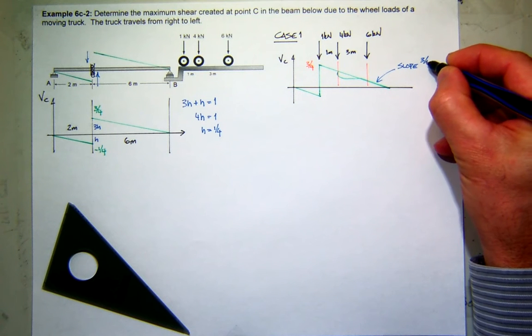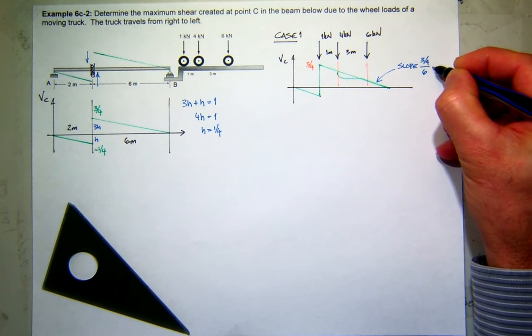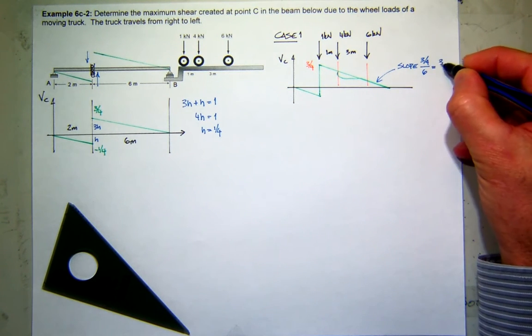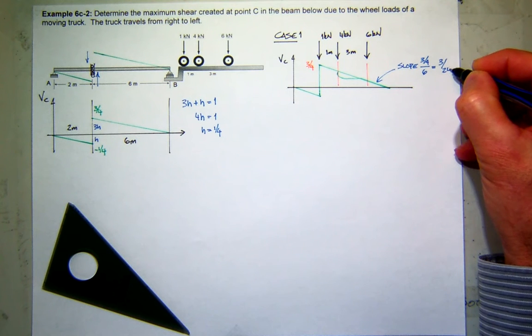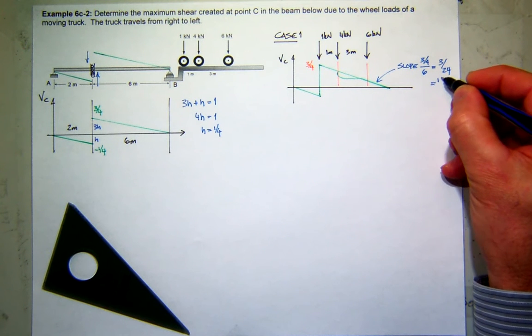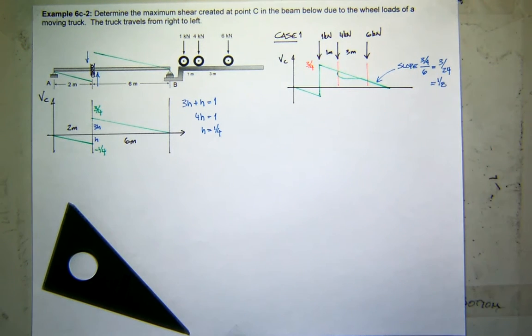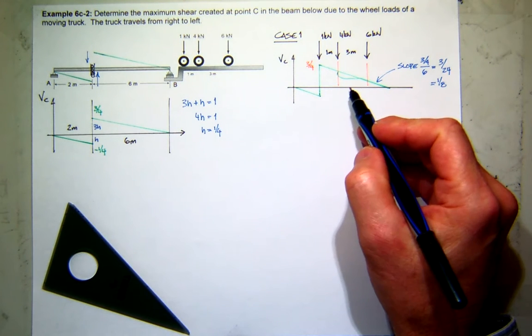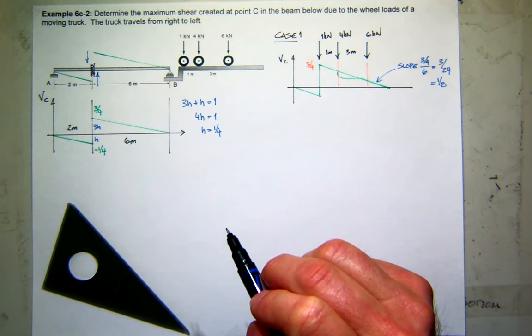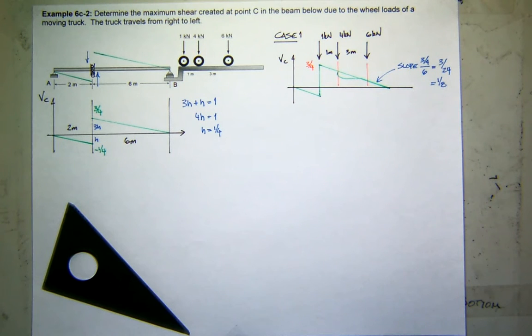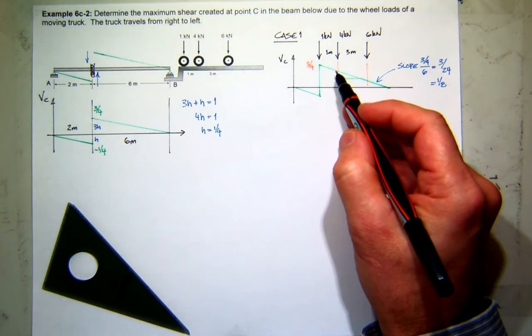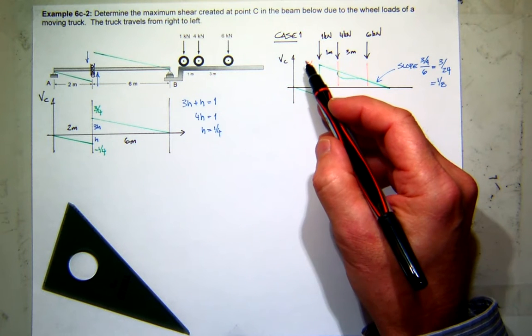So rise over run, which is 3 over 24, which is 1/8, right? Is that right? So that means every meter I move to the right, I drop an eighth. So I move 1 meter, I drop an eighth. So this is actually 6/8.